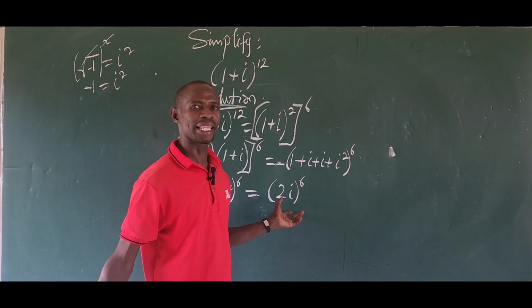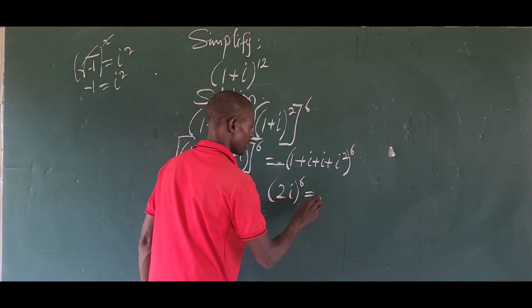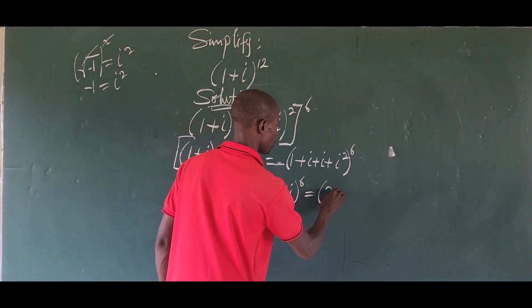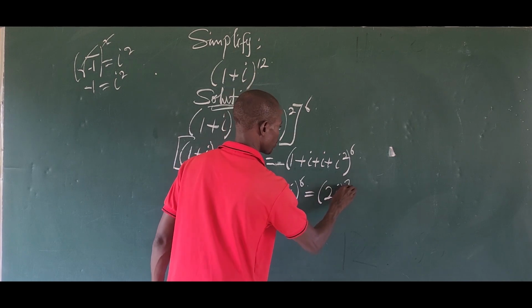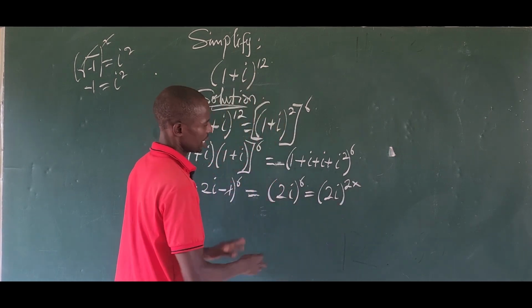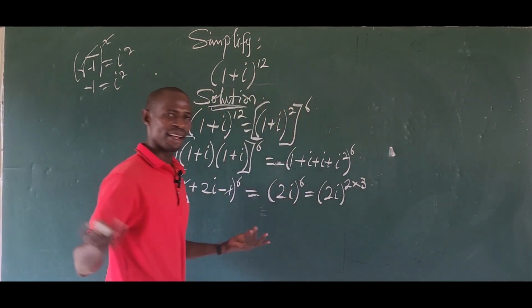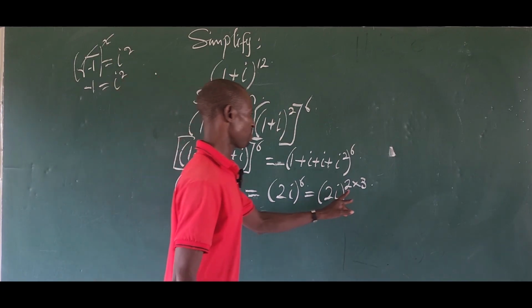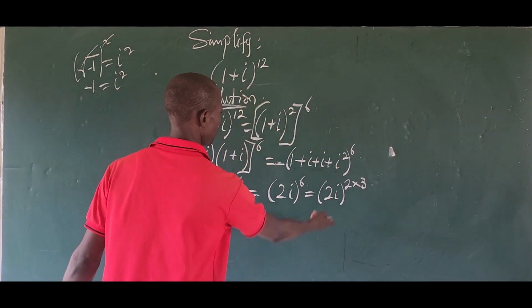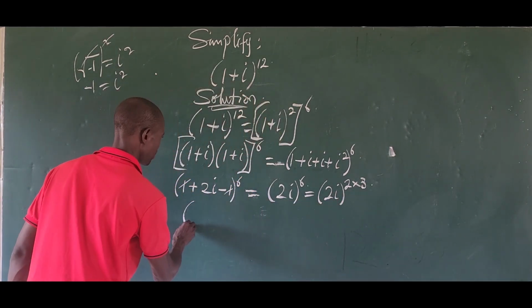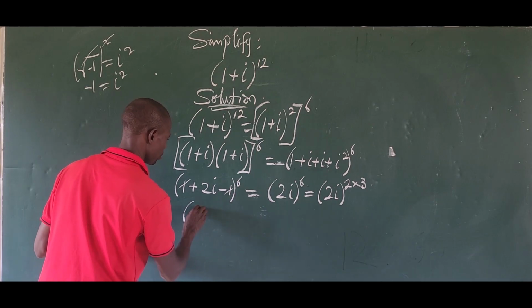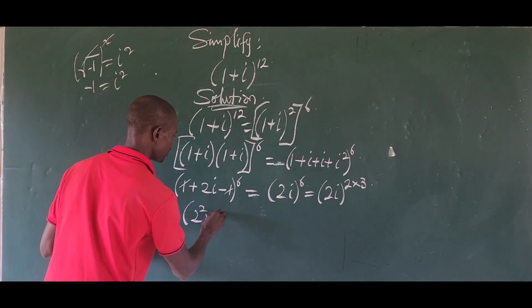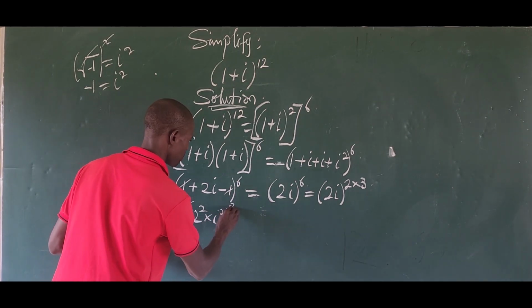Again, we can simplify this, right? Okay, so this is same thing as our bracket 2 iota to the power of 2 times 3. Yeah, okay, so if we have this to the power of 2 times 3, then this is going to give us bracket our 2 to the power of 2 times iota to the power of 2, all raised to the power of 3.